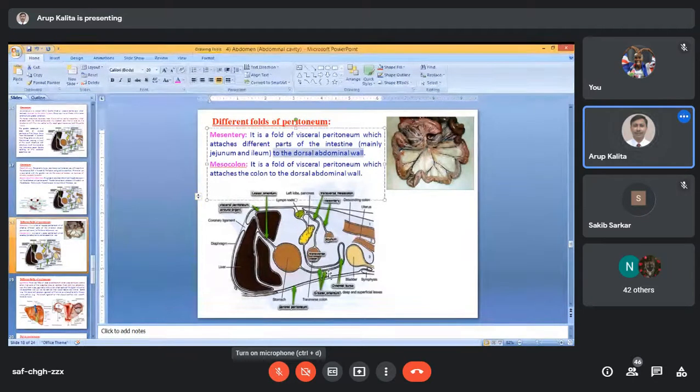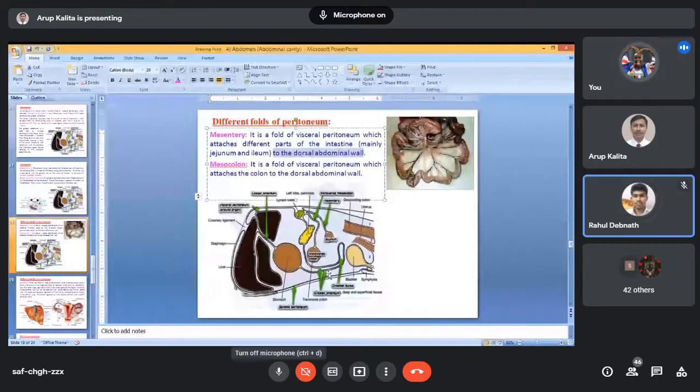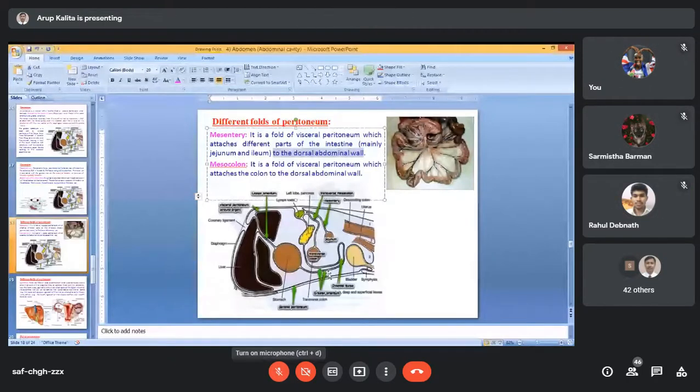Understood? Yes, sir. So intestine is not falling. Some parts of the intestine are present in this area. Some part of the intestine is present in this area. It does not fall down because it is hanging from the dorsal abdominal wall. By which structure? That structure is known as mesentery.